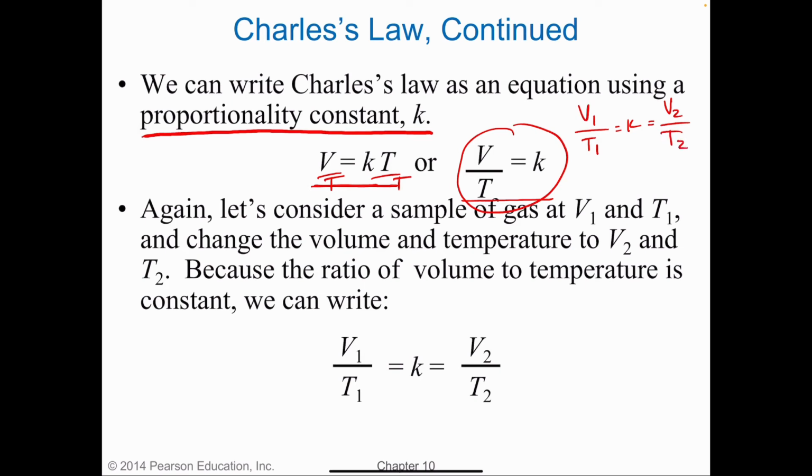Again, if you divide those two, it should be equal to the same K. So the point is that Charles's law can be expressed as V1 over T1 equals V2 over T2. V1 and T1 would be the volume and the temperature before we made some sort of change, or in one trial, the before. And then V2 and T2 is the after. So it's like before and after.